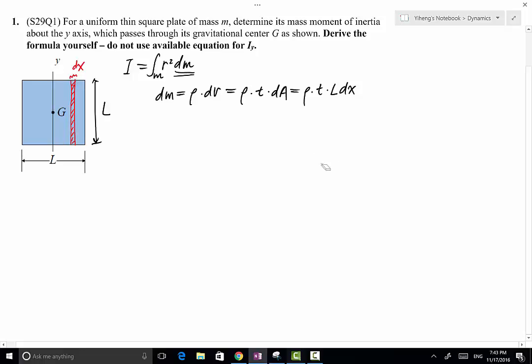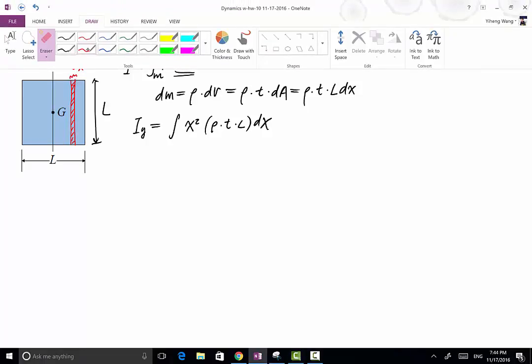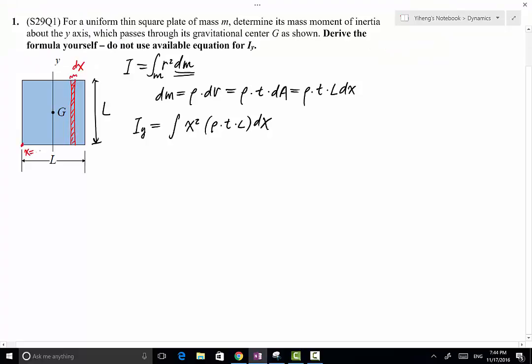So with that preparation done, the mass moment of inertia about the y-axis equals simply x squared times dm, which is rho t L dx, integrated now for the entire body, which is when x equals negative half an L, because here is when x equals 0, this is where the y-axis is, from the left side to the right end, where x equals positive half an L. So integrated from negative half an L to positive half an L. Rho, t and L are all constants.